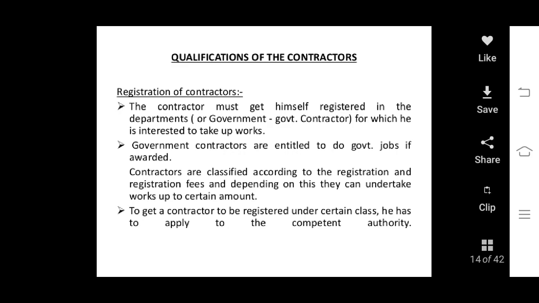Government contractors are entitled to do government jobs if awarded. Contractors are classified according to the registration and registration fees, and depending on this, they can undertake work up to a certain amount. To get registered under a certain class, he has to apply to the competent authority.